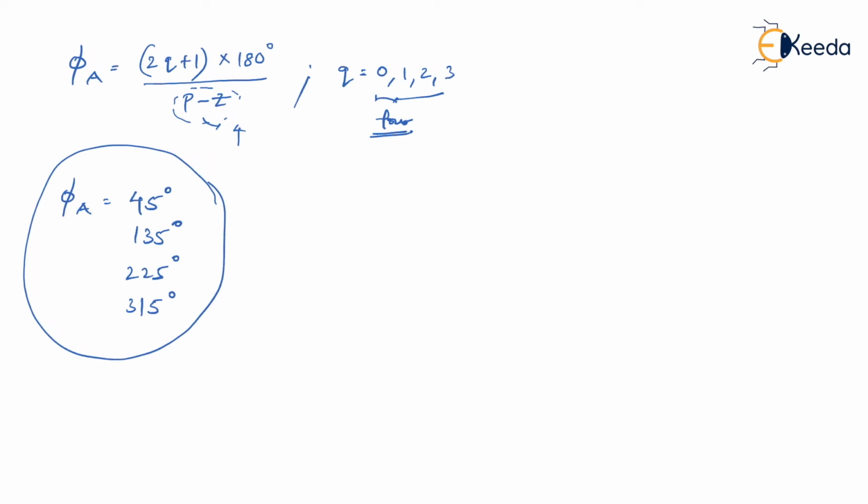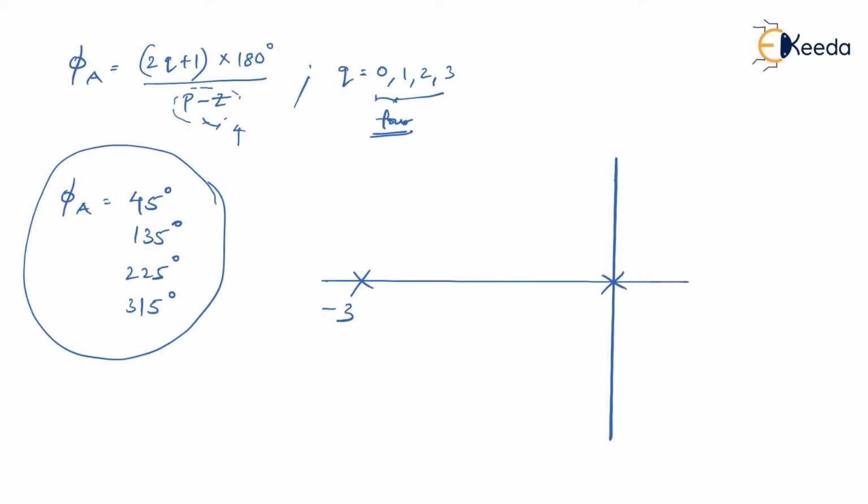These 4 angles of asymptotes you have to draw on the real axis. From which point? Of course, from the centroid. Let's draw this. So let me first of all plot my poles. One pole is present at the origin. The other pole is present at -3, that is a real pole, a negative real pole.